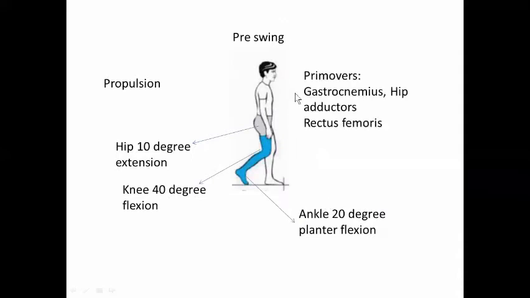The prime movers for this range of motion are gastrocnemius, hip adductors, and rectus femoris. Gastrocnemius will maintain the knee in flexion, hip adductors will maintain the hip in adduction, and rectus femoris will resist the hip from going into extension.